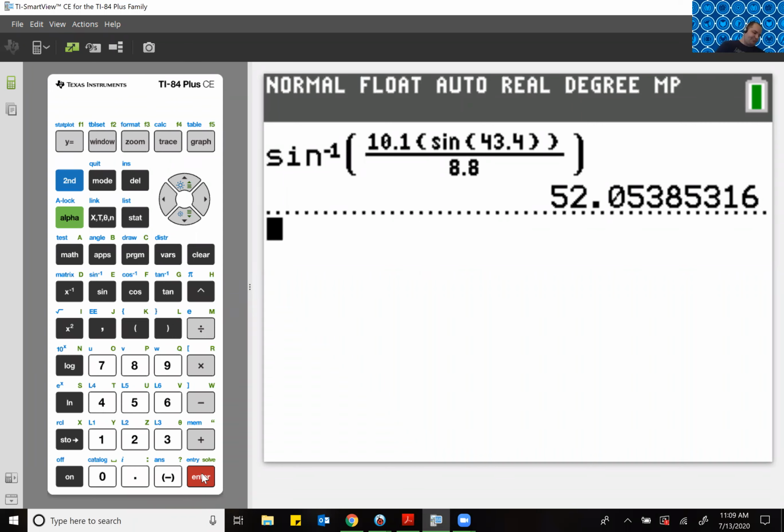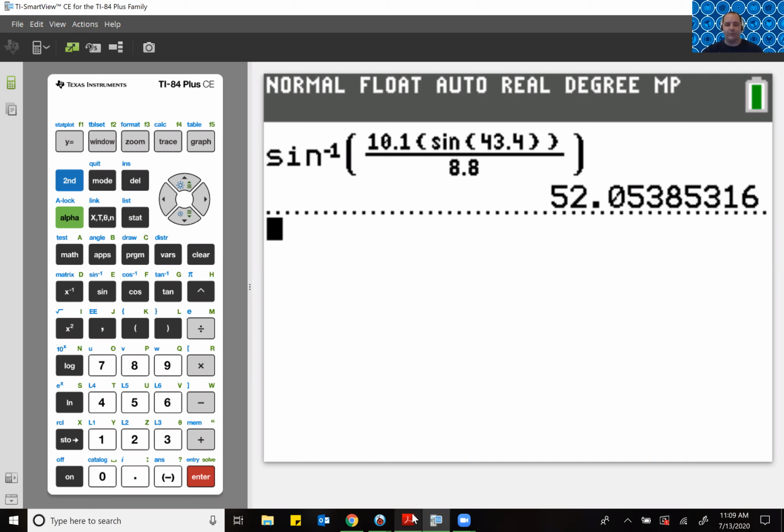So with that being said, how do you know how many triangles you've got? Well, here's what we're going to do. I'm going to write down this angle, 52.05385316 degrees.